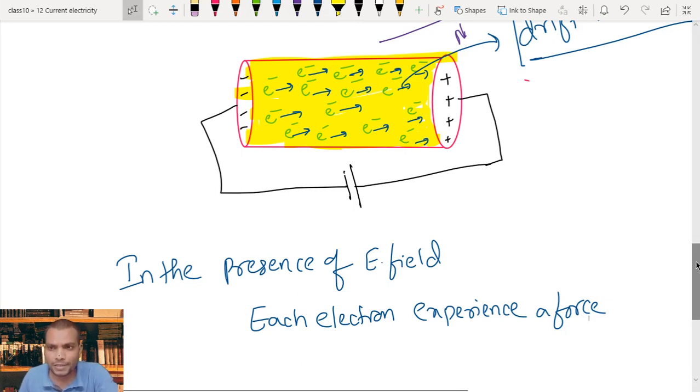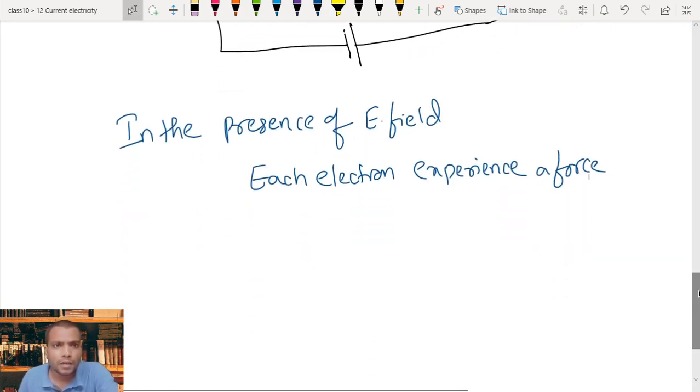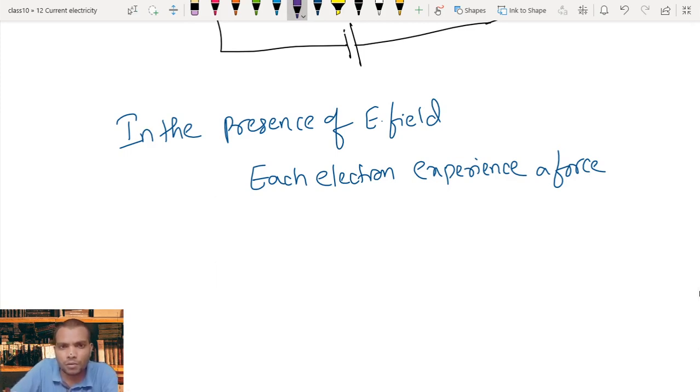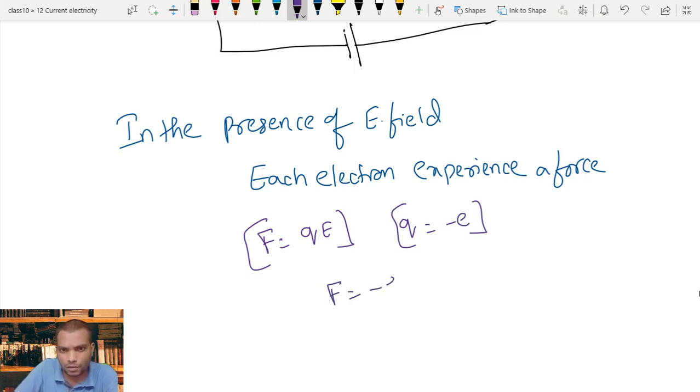That is our final task to find out. In the presence of an electric field, each electron experiences a force. How much force? We know the formula, F equals Q times E. Here the charge is an electron, since Q equals minus e, so F equals minus eE. That is the force experienced by the electron.